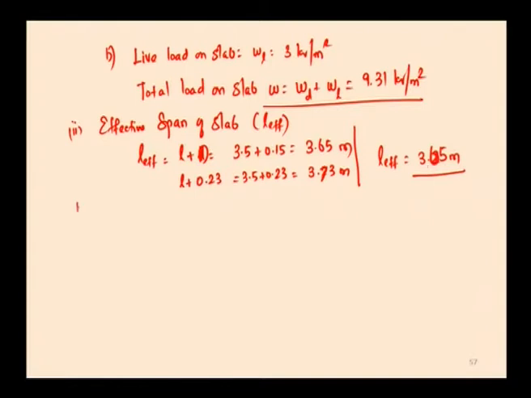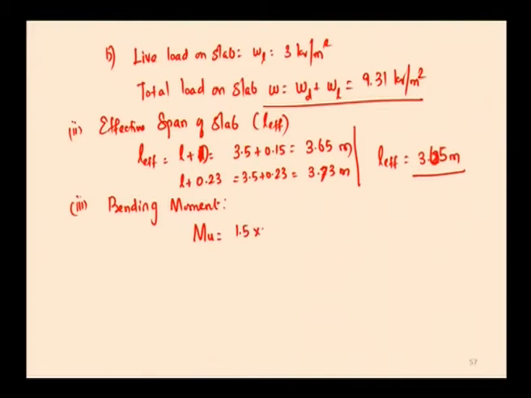Now, next one, third one, bending moment calculation. So, using W and L, we are going to find out the bending moment. Since it is a one way simply supported slab, the ultimate bending moment Mu is the design moment multiplied by the partial safety factor. The total load is W into L squared by 8, that is 9.31 into 3.65 squared by 8, which is 23.90 kilonewton meter.